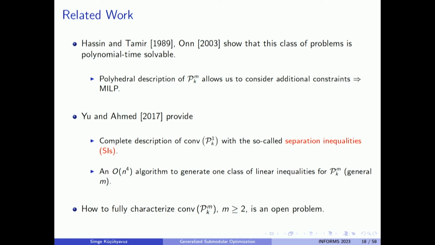There's an algorithm to generate one class of inequalities, not necessarily the convex hull, for a general number of weights, but again, it's an algorithmic way to generate an inequality, so it doesn't immediately translate to a separation algorithm within delayed cut generation. So it's been an open problem how to characterize the convex hull for two or more item weights.